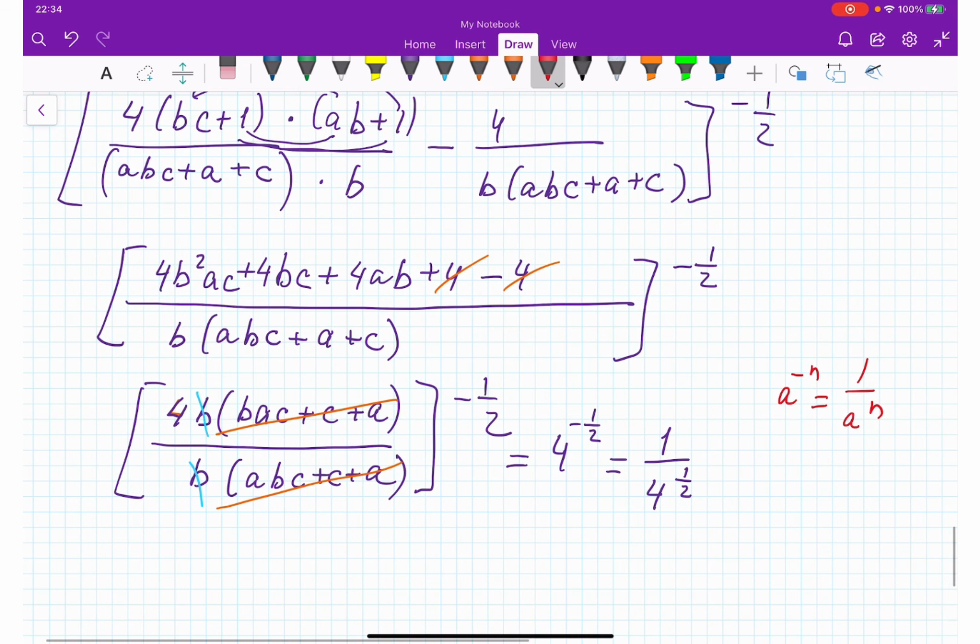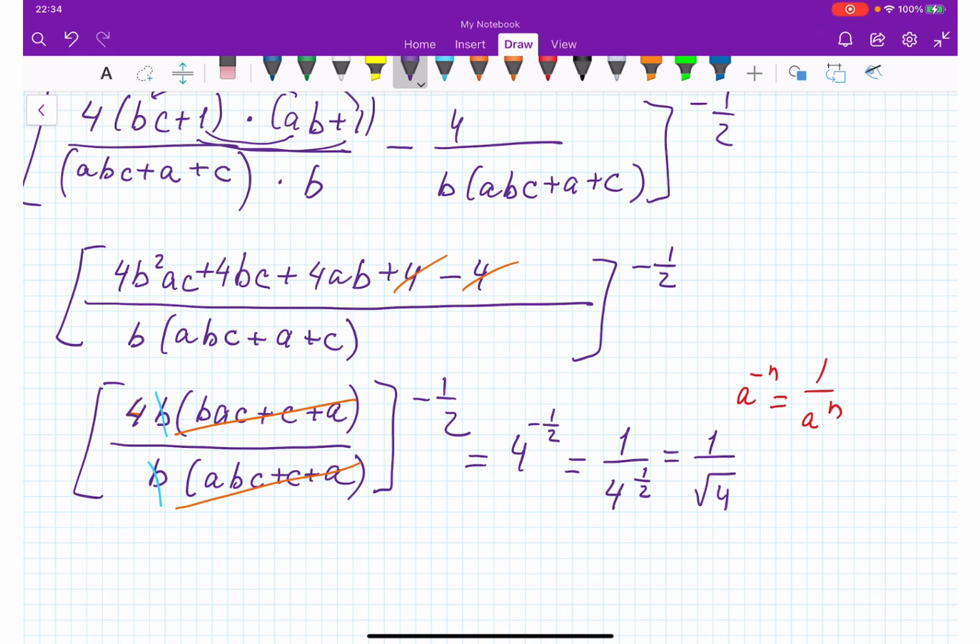And 4 to power 1 half is equal to the square root of 4. How? Because we have a to power 1 over n. Let me take, instead of n, a more general m, for example. So a to power m stays under the radical, and radical degree n comes here.